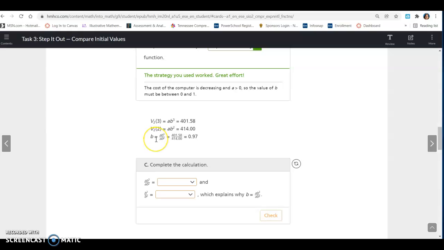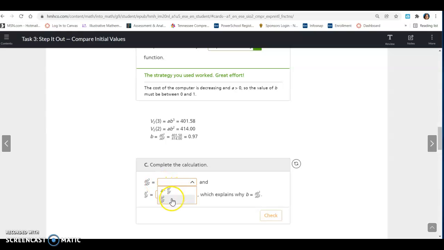So b equals ab to the third divided by ab to the second. Anything divided by itself cancels, so you've got b to the third over b to the second. That is 401 divided by 414. If you divide those, you get 0.97. So that's our growth rate. b is the growth rate, and you can see using properties of exponents why that works. So our growth rate for the second function is 0.97.